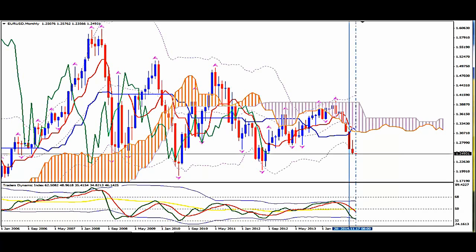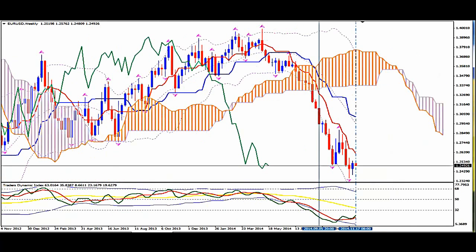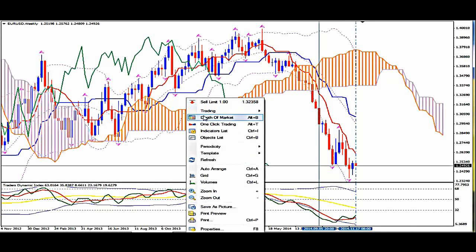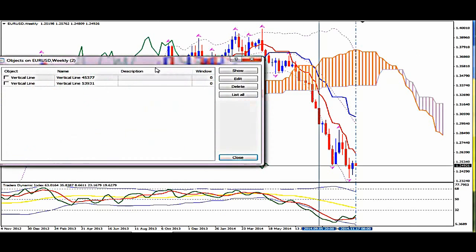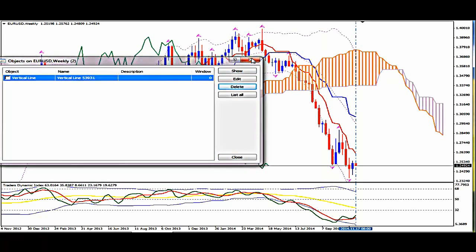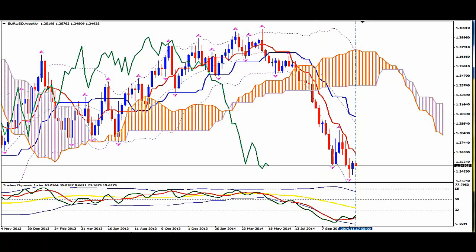But we can't make any trading decision based on the monthly. So let's go to the weekly. I have to remove this line from here. And on the weekly, TDI shows a very bullish mood.